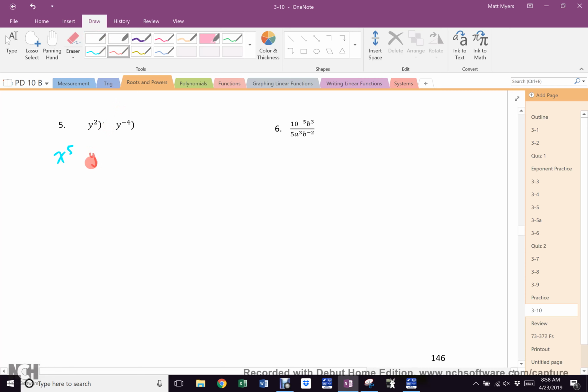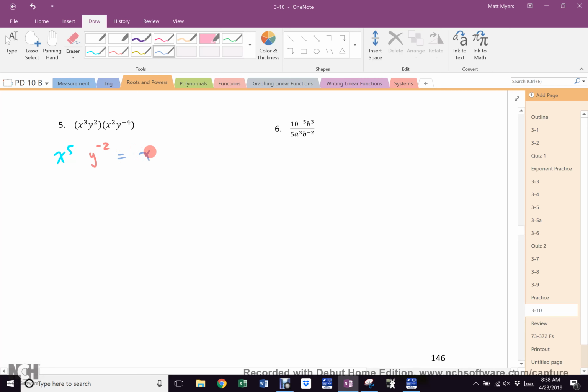Y to the negative 2. So what would you do with that? You'd do this. There's no FOIL here because they are not binomials. Now, is that the right answer? Why not? Because there's a negative exponent. You can't leave a negative exponent because they make no sense.